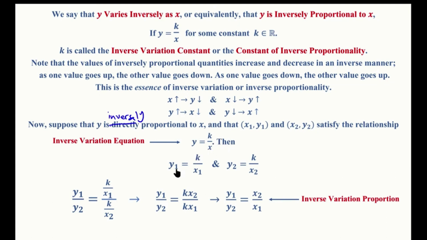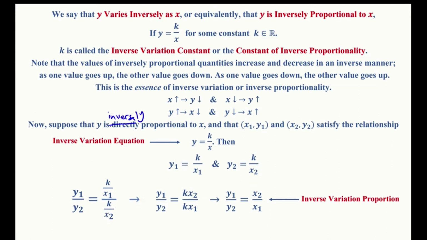Then y1 is going to be k over x1 and y2 is going to be k over x2. So if I divide y1 by y2, I basically get k over x1 over k over x2.